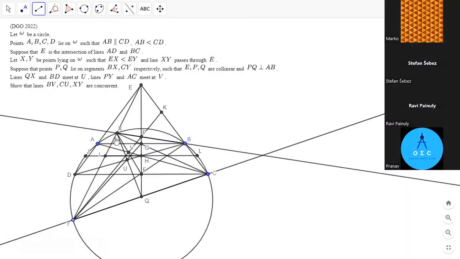Is this all obvious? Oh, okay. So both of those points are going to lie on the polar. Ah, so this gives us a lot of information.